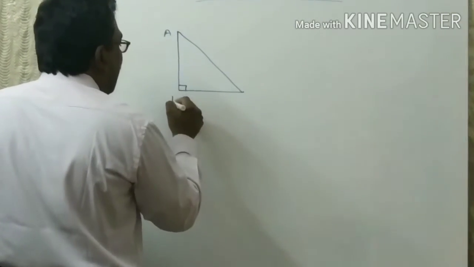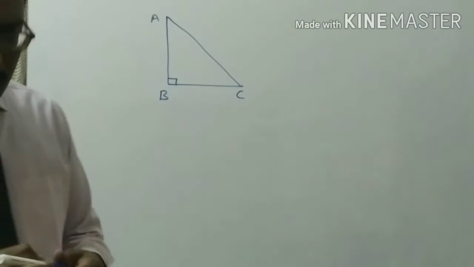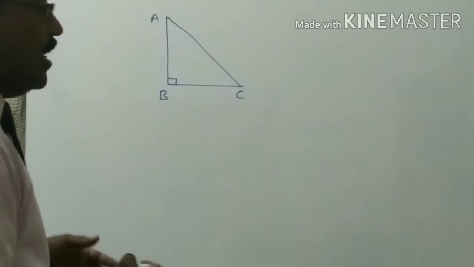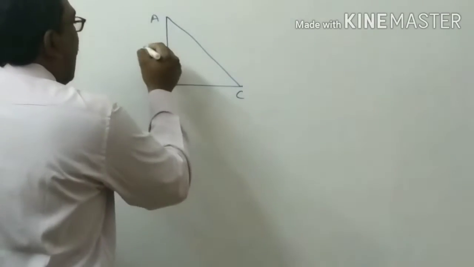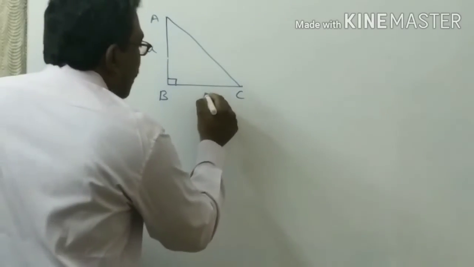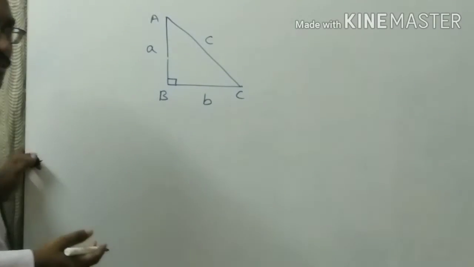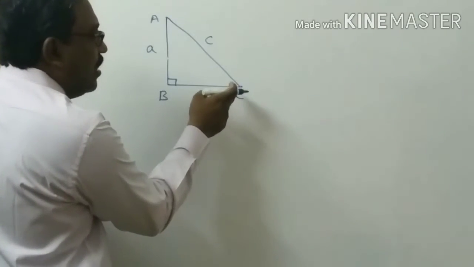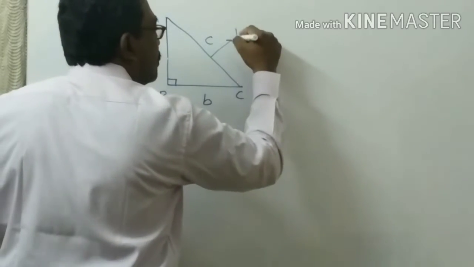Suppose in a right angle triangle ABC, usually everybody will tell what is Pythagoras theorem. They will tell you side square plus side square is equal to hypotenuse square. Suppose this side you consider as A units, this side as B units, and this side as C units, this is called hypotenuse. The longest side of the right angle triangle, opposite to the right angle, is called hypotenuse.